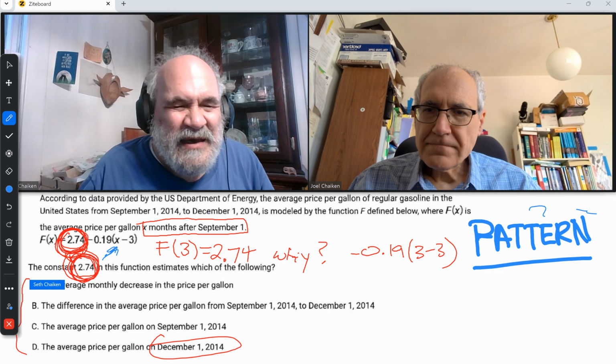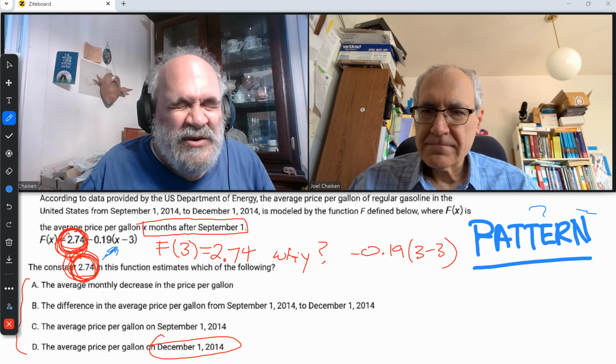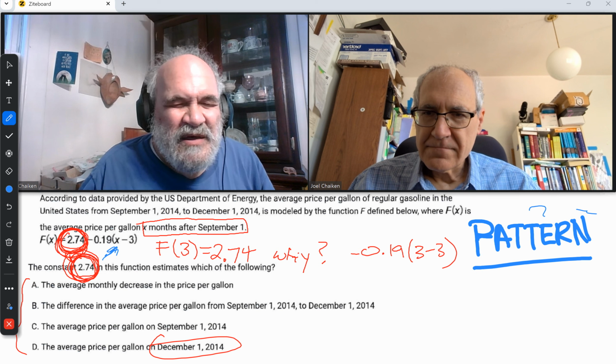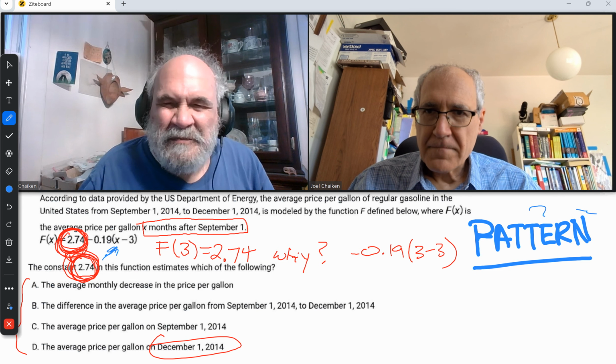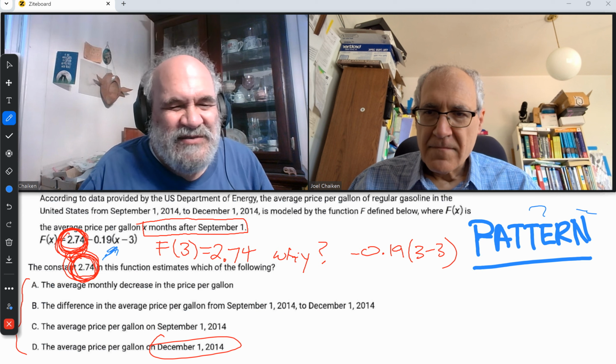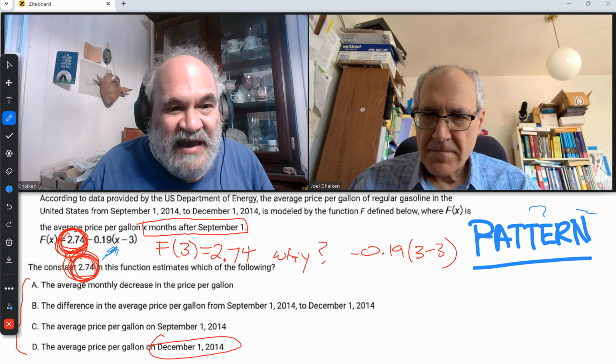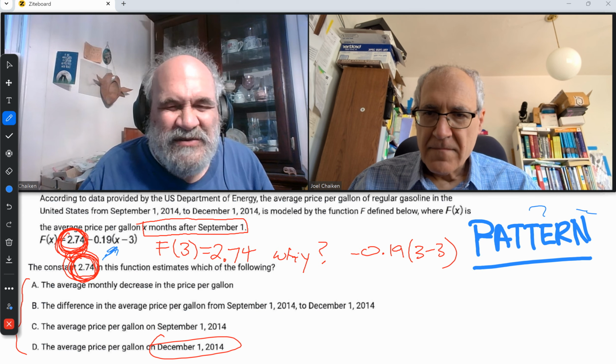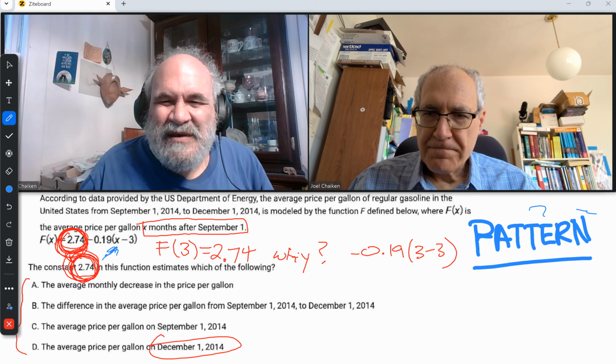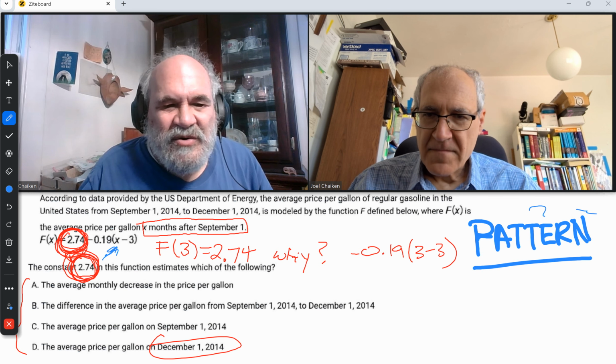What are the possible properties they're asking you about that belong to 2.74? So it's like price, differences of prices, average, something about a price.